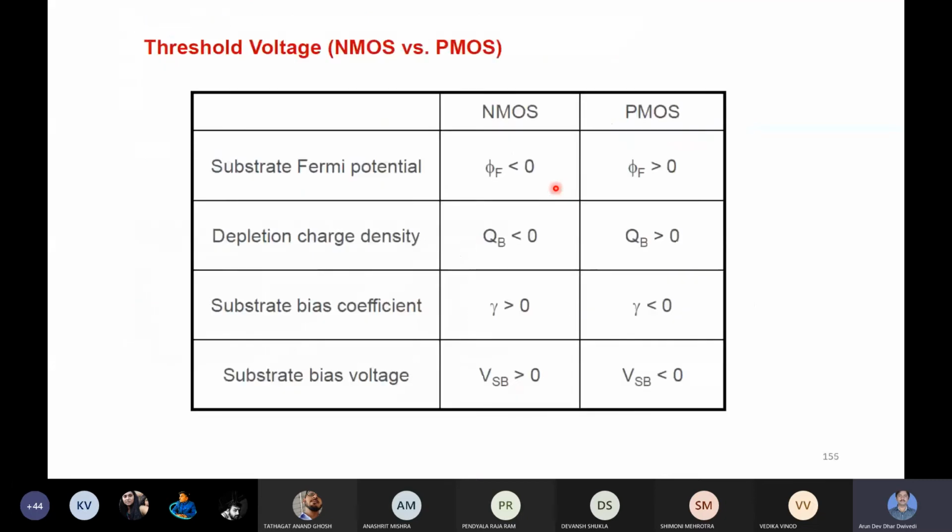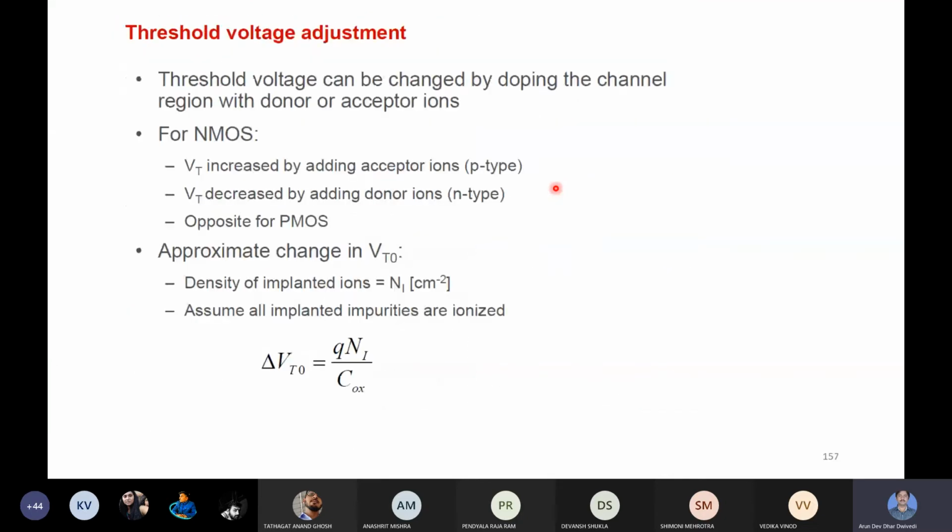I have explained it here somewhere. Change of threshold voltage: if you want to change the threshold voltage by delta VT0, then it is Q times Ni, the density of the implanted ions, divided by COX, the capacitance per unit area, as we are using.